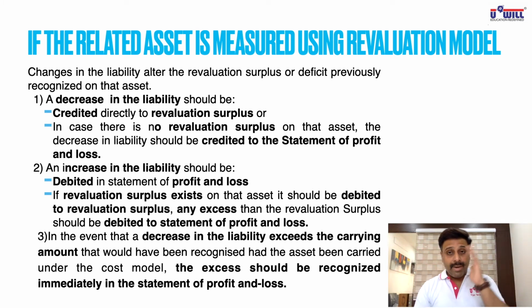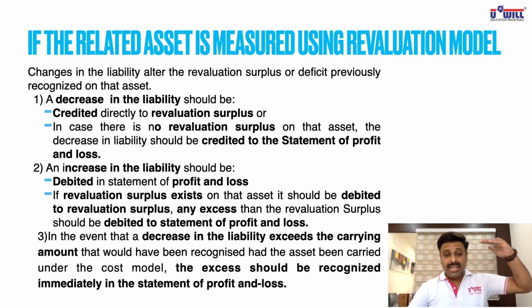But in the past, if we had revalued down 15,000 and now you are revaluing it up 10,000, then the amount we debited to the P&L account because it was revalued down 15,000, to that extent you credit the P&L account only. If you are revaluing upward and it is going beyond 15,000, then the extra amount you credit to revaluation reserve.